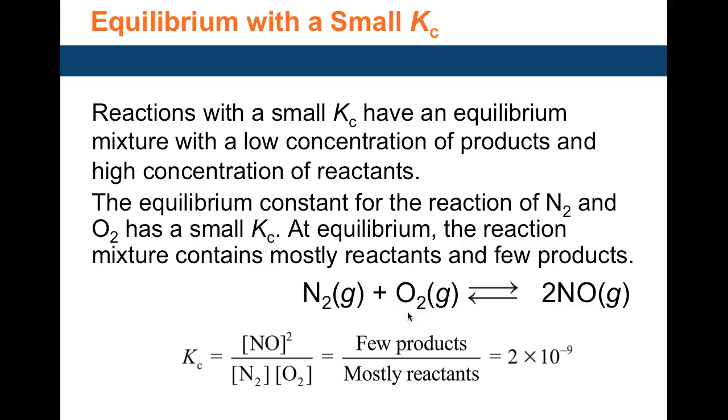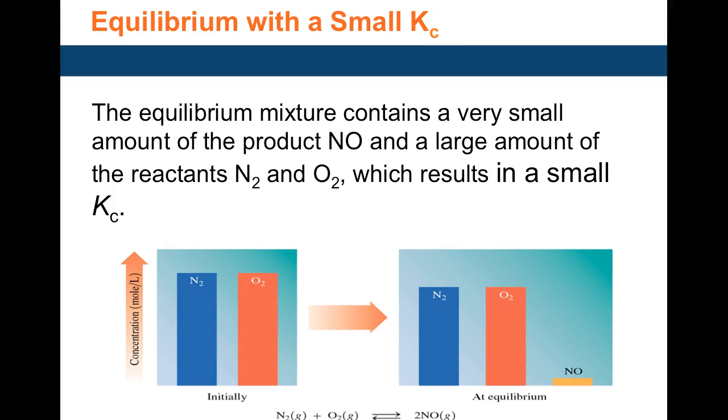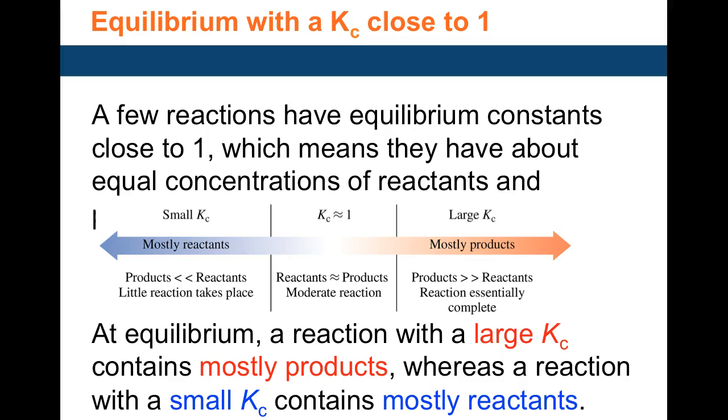A very small, minuscule amount of molecules form nitric oxide in air. So for nitrogen and oxygen at equilibrium, it's still nitrogen and oxygen mostly. A little bit of nitric oxide, very, very little. So that's why the Kc is small.